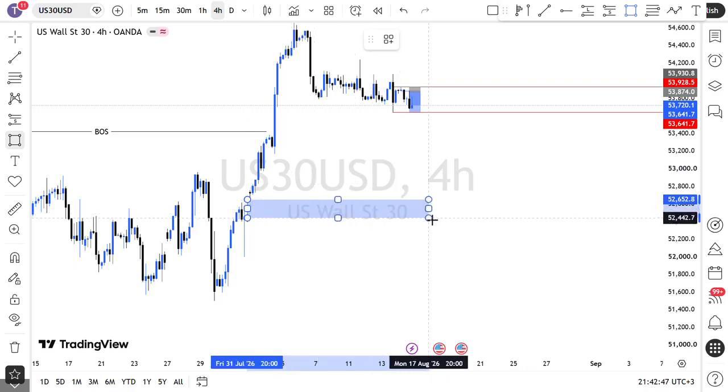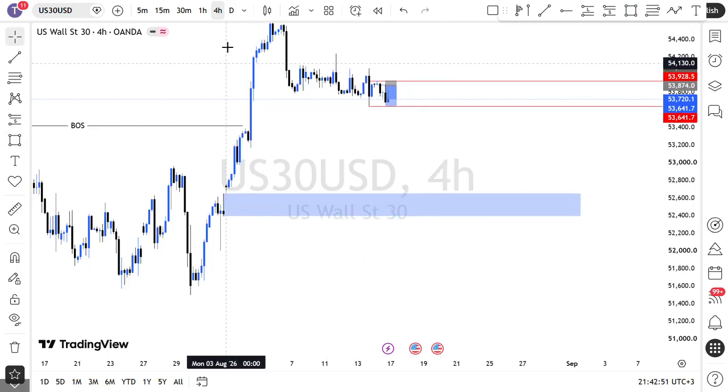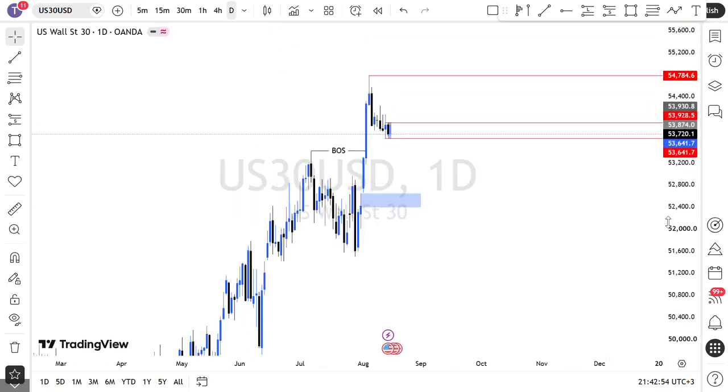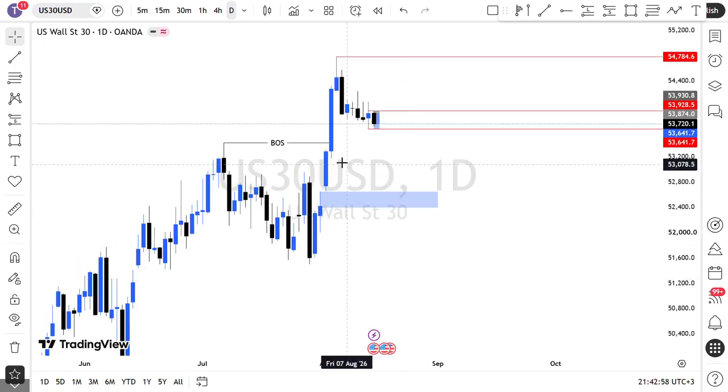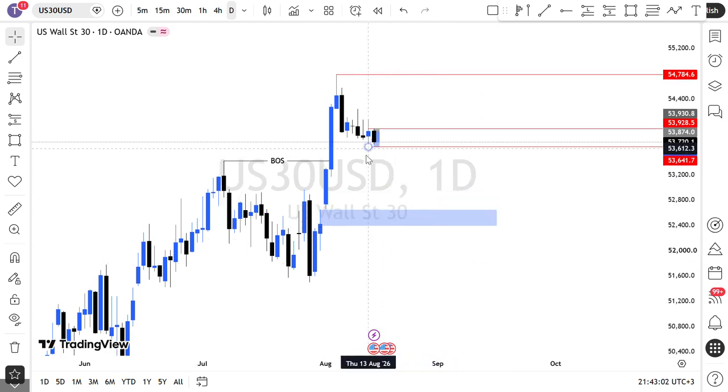We had price opening with a gap there. We also have this demand level, which is around that daily fair value gap, and also we have this fair value gap above. So I expect this to be dropping down up to these areas. Then we look for buying opportunity the upside.